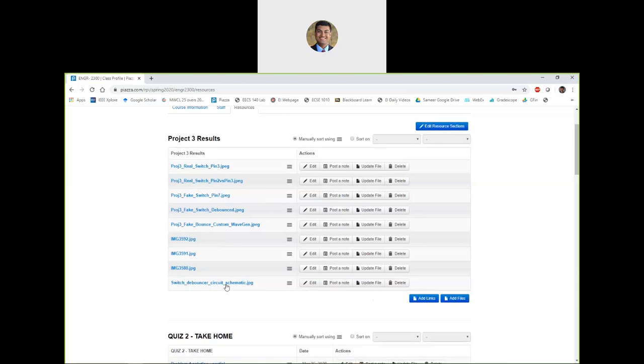There is a circuit schematic that I'm using. There are a few images of the board that I built. Then I've been uploading the fake bounce custom data that we generated using WaveGen. How did it get debounced? How does pin 7 look for the fake switch? Fake switch again, pin 2 versus pin 3, and then the real switch for pin 3.